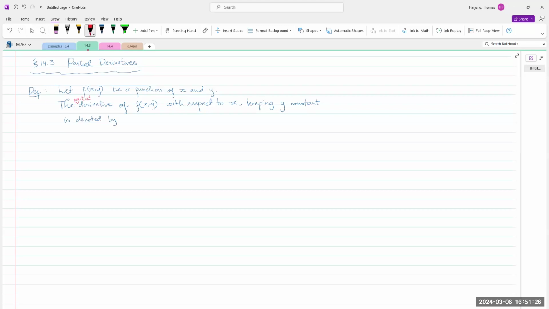But at the same time, if you see from the context, this function is a function of two independent variables, then the derivative with respect to x must be the partial.